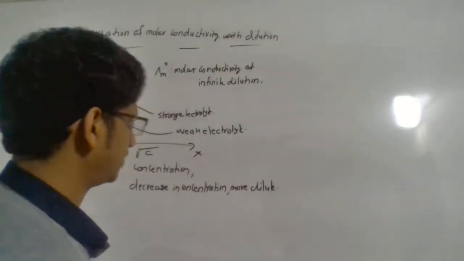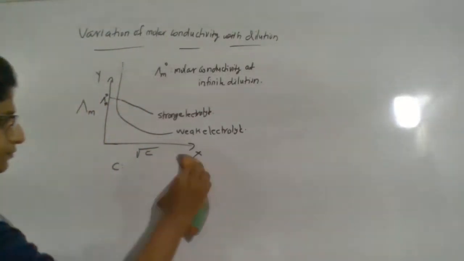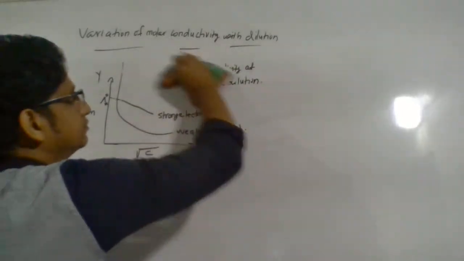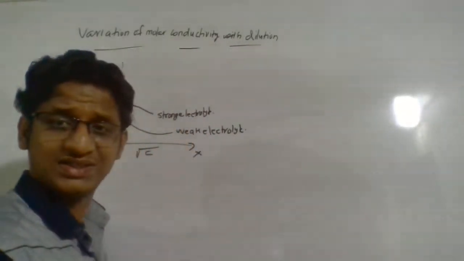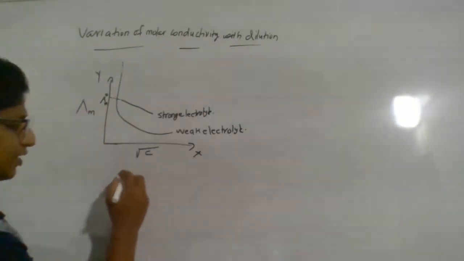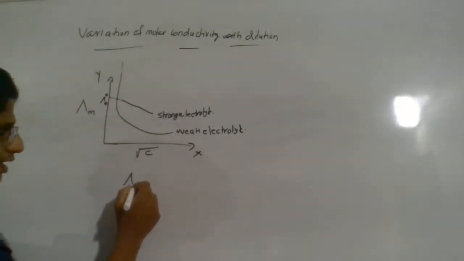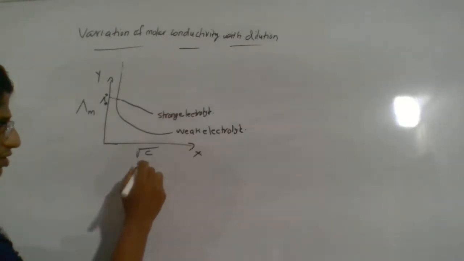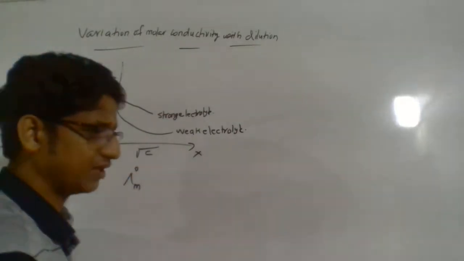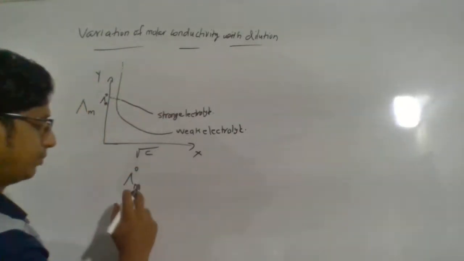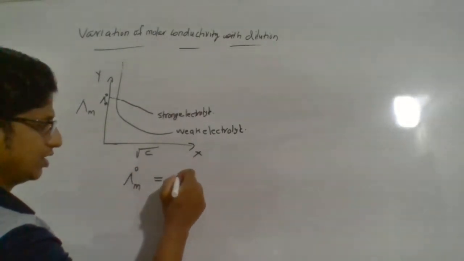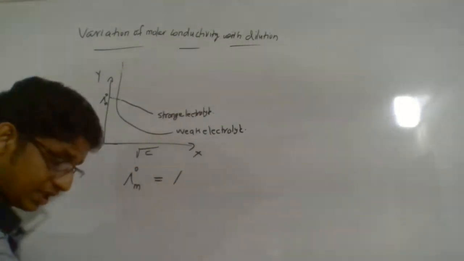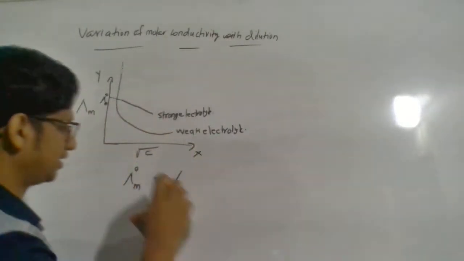Now what's the next point you can remember? For a strong electrolyte, it is easier. For a strong electrolyte, we can have an equation, where molar conductivity at infinite dilution, 0 represents infinite dilution. We have an equation for molar conductivity.